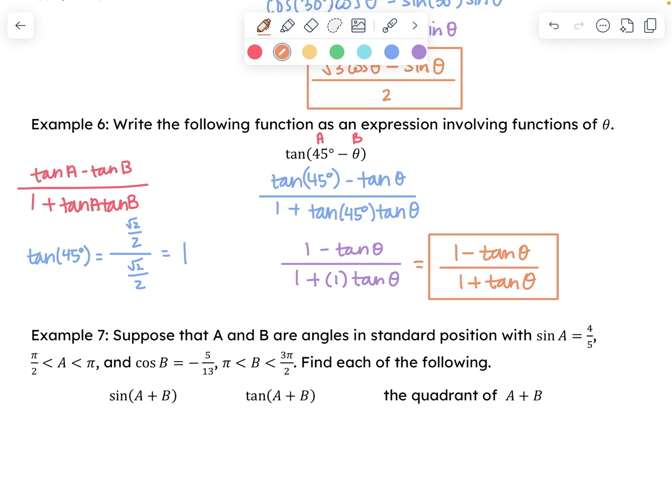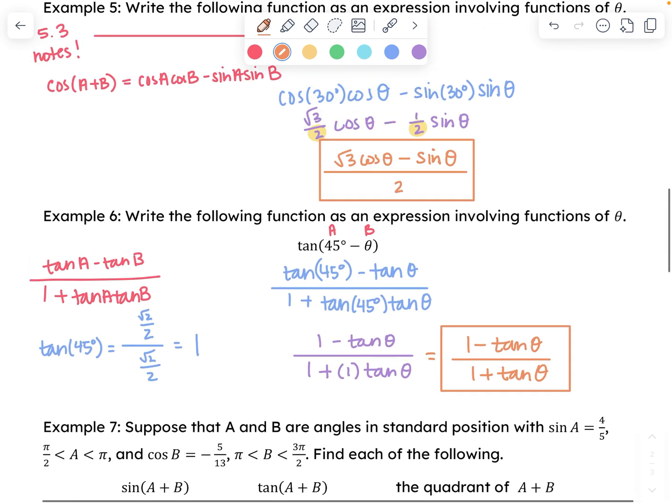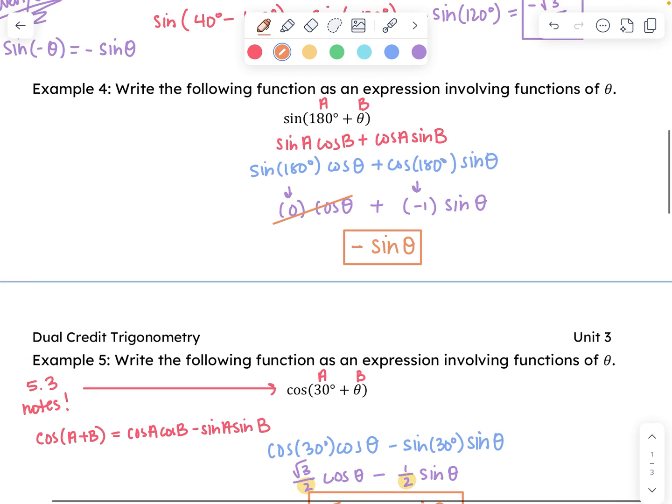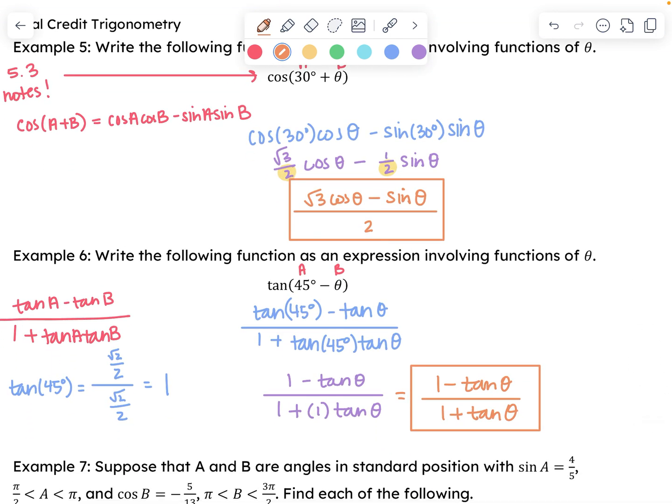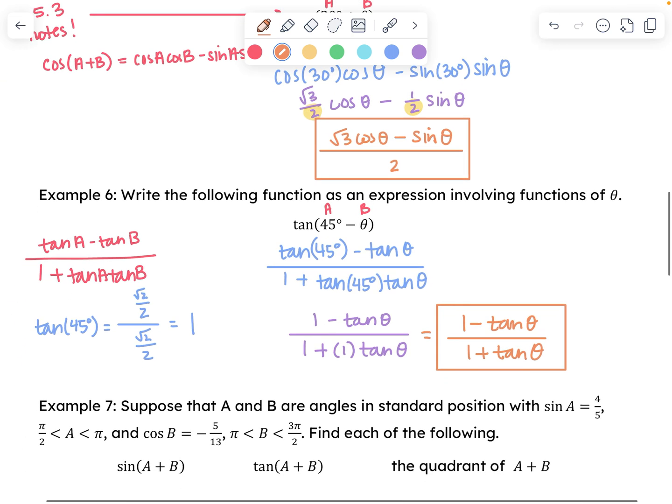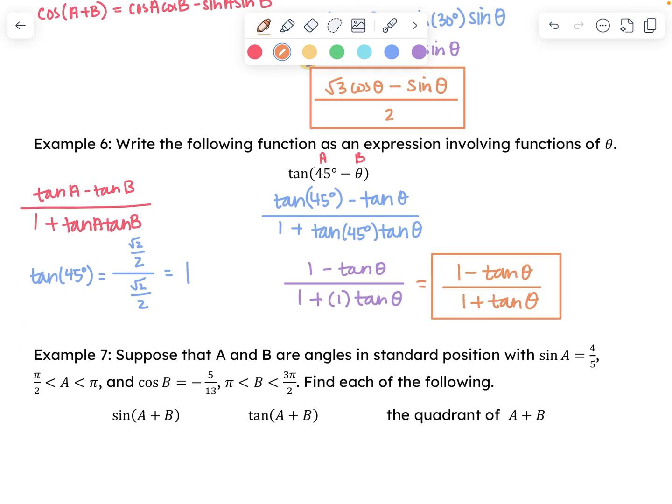Okay, that is just functions of tangent theta. There's not anything else I can do to simplify that. So once again, it doesn't simplify as nicely as example 4 did. We've just got those fractions there. There's no more tangent of 45 degrees. It's just the thetas. So that's all we can do.